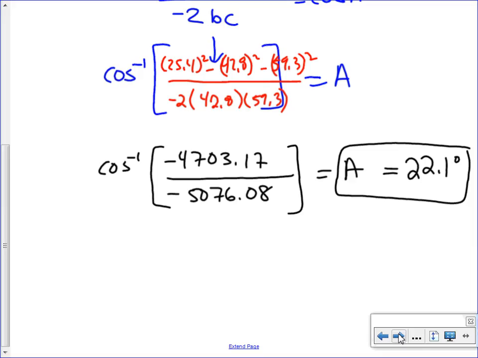You kind of have to rearrange the equation. Because it's minus b times c times cosine, right? So you have to divide by it.